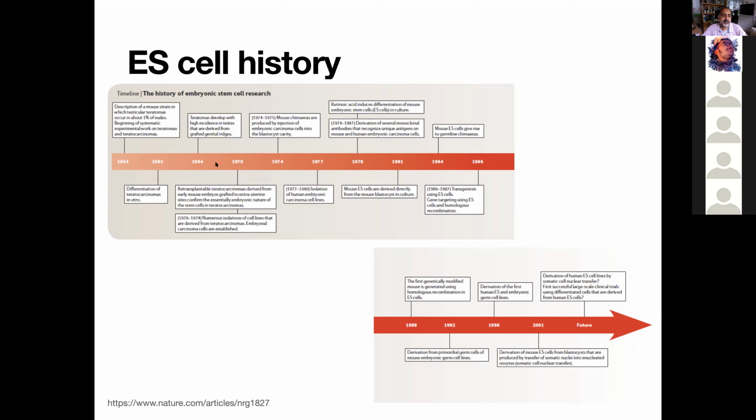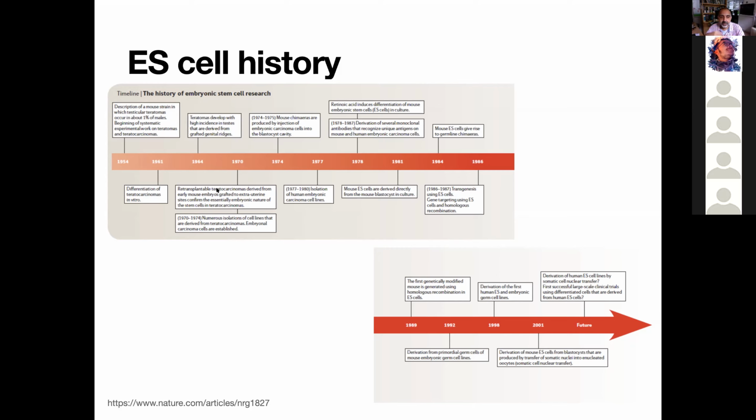The research carried on, and it was found that when you took a young stage mouse embryo and implanted it into the testicles of a mouse, that would also form a teratocarcinoma. And so this started giving the idea that the embryo and these carcinoma cells had maybe a similar kind of potential.